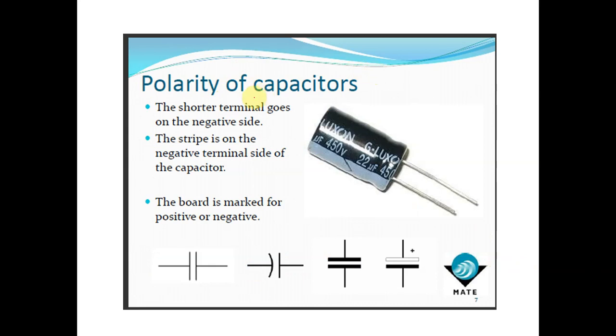Polarity of capacitors: we already mentioned here, the shorter terminal goes to the negative side. This is the shorter terminal, so this one is the negative and this is the longer terminal, so this one is the positive.